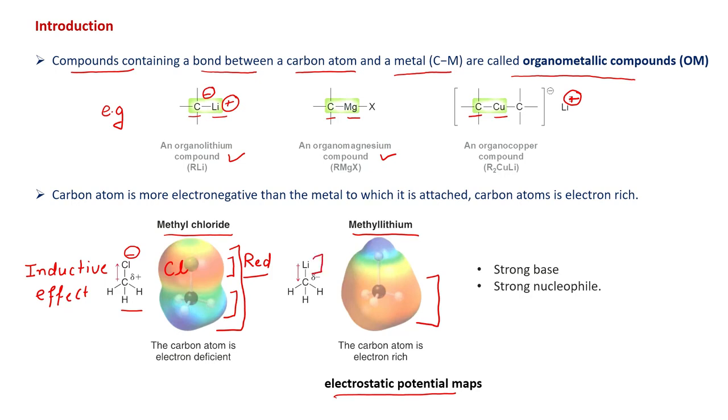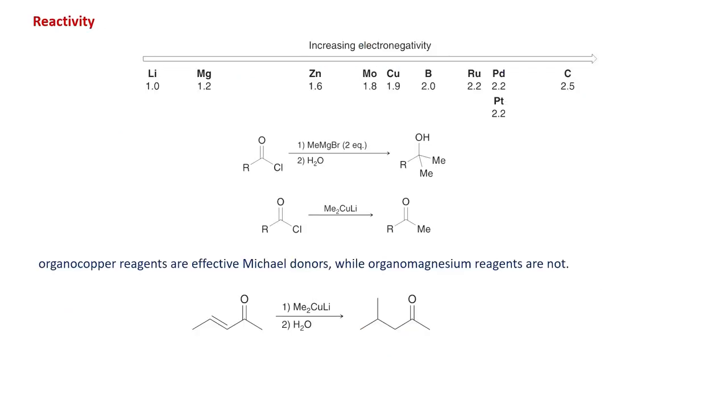So what decides the magnitude of negative charge on the carbon atom? Here electronegativity comes in. Lithium's electronegativity is 1 and carbon's is 2.5, so 2.5 minus 1 gives a difference of 1.5. And 2.5 minus 1.2 for magnesium gives 1.3.